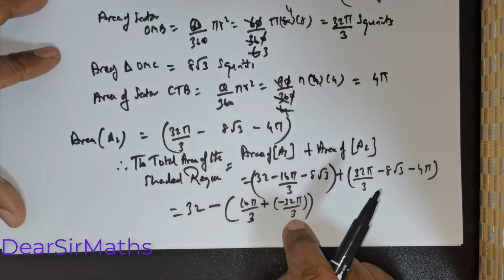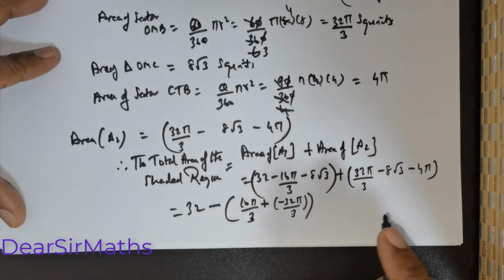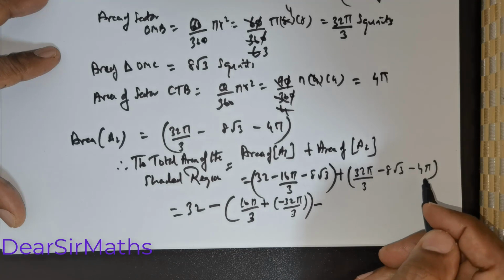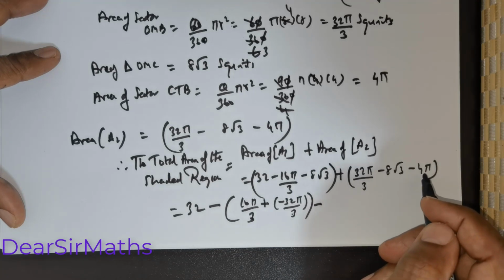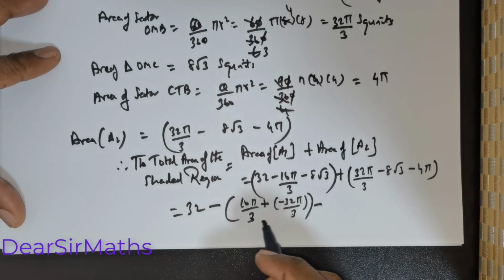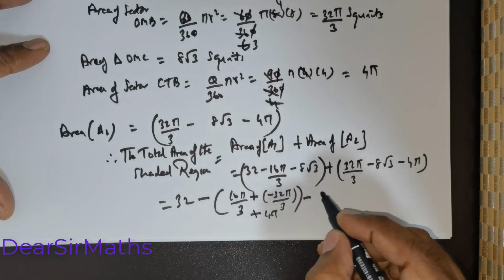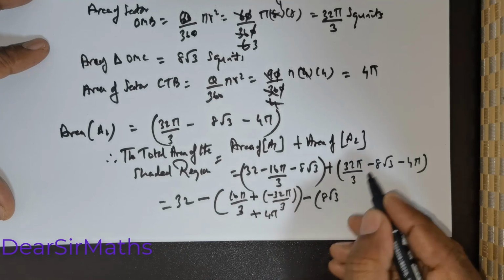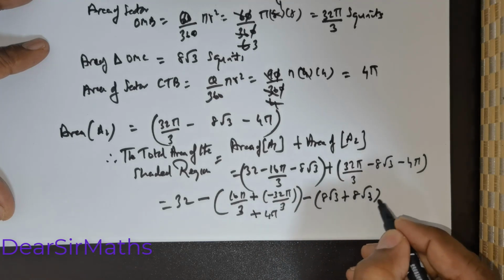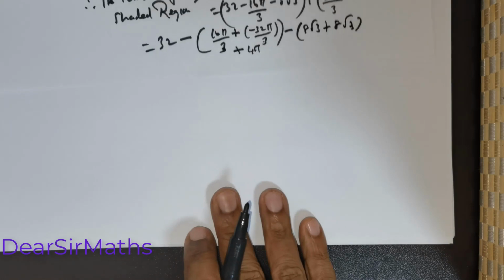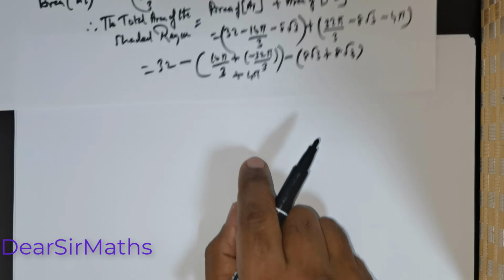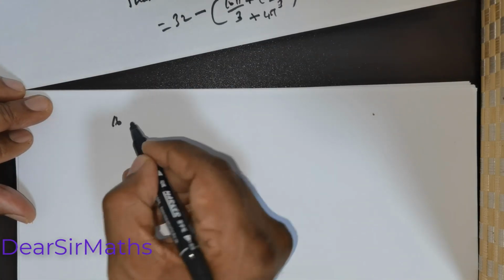Negative times negative 32 pi over 3 will give me positive. So now I take negative out. I also need to bring in 4 pi. If you take the negative sign out, this is going to be positive 4 pi. And then I have a negative sign taken out to handle 8 root 3 and 8 root 3, right? So let me do the simplification. I need to handle this a little bit carefully.